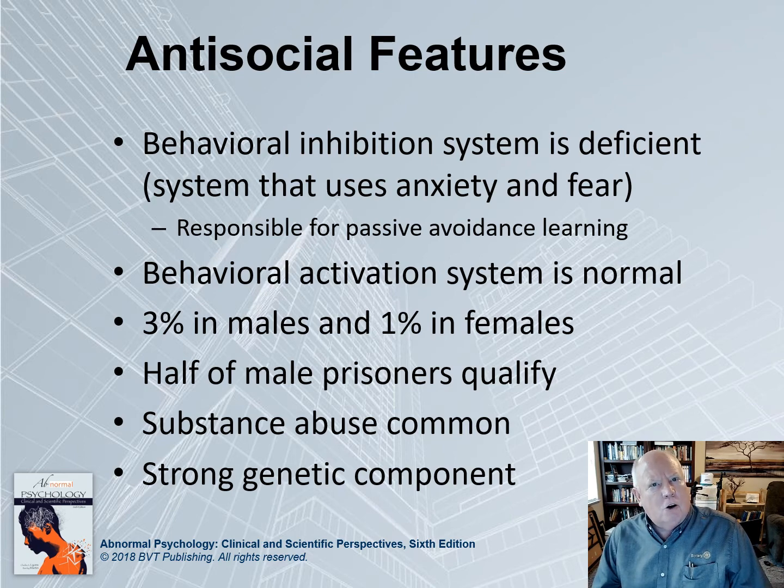As I mentioned earlier in another chapter, 3% of males, but about 1% of females, a 3-to-1 ratio, qualify for the diagnosis of antisocial personality disorder or psychopathy using either definition.